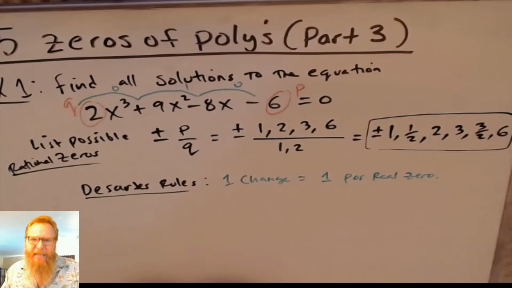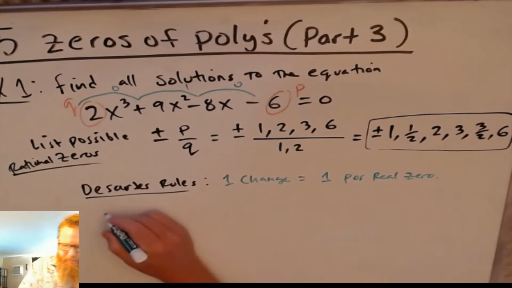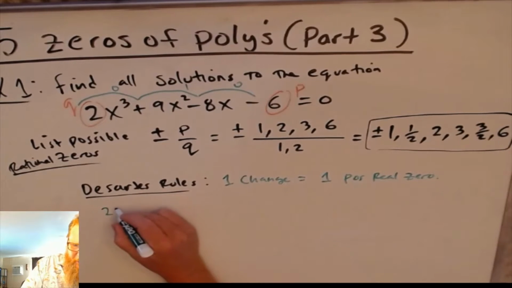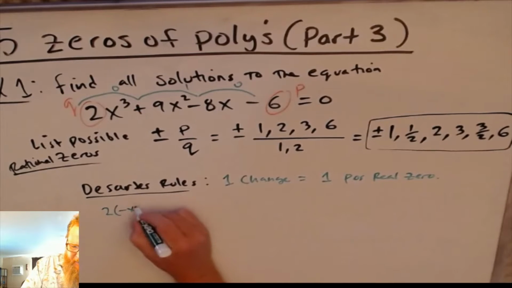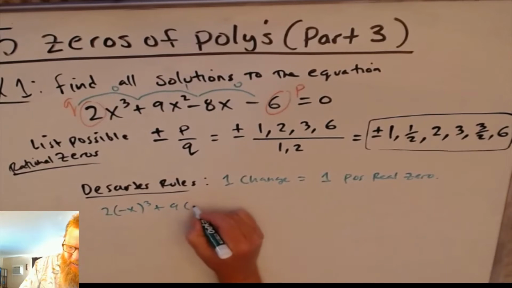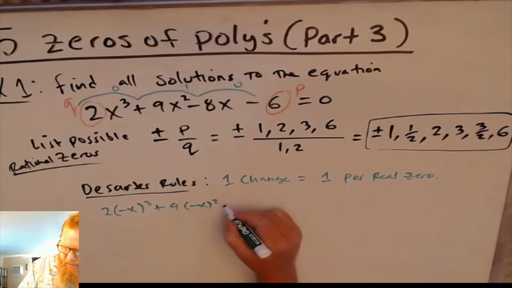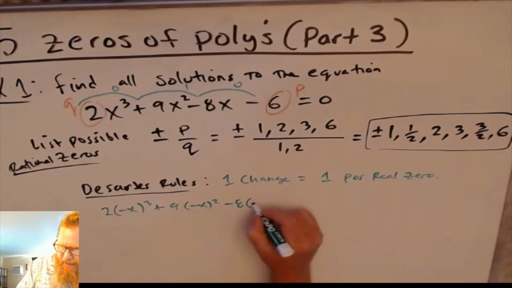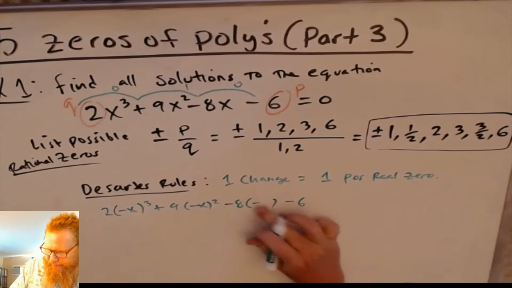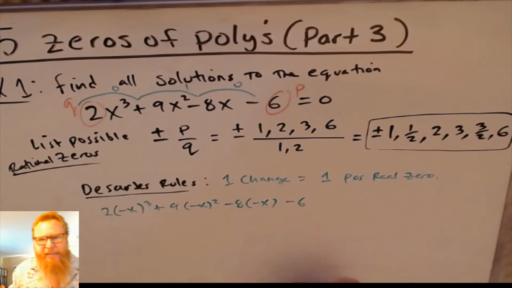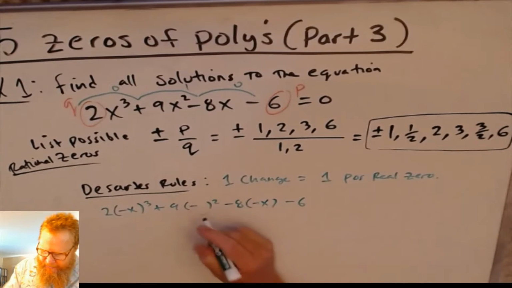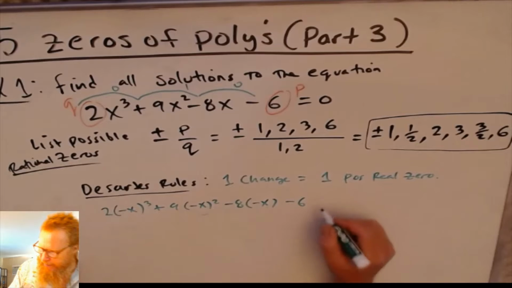So for the negatives, it would be 2 negative x cubed, 9 negative x squared, negative 8 negative x, and then negative 6. And again, I think in the last edition I did this mentally, but in case you missed that, I'll just show you how to do it.